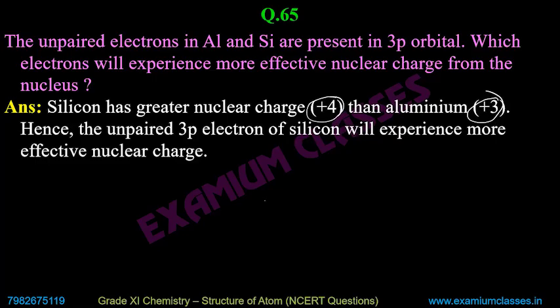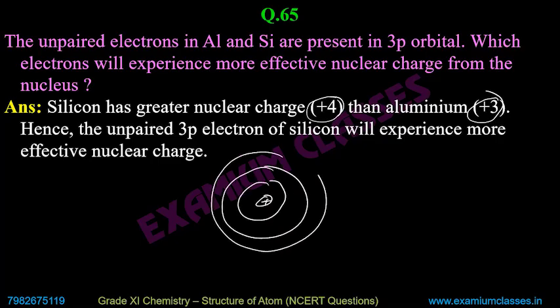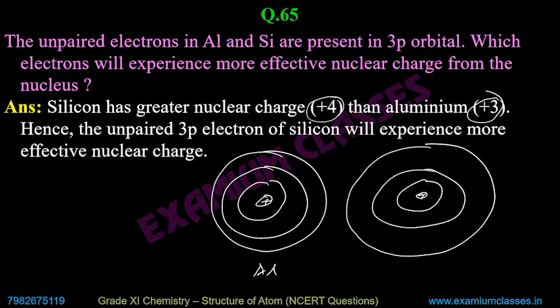I'm just explaining it. So you have 1, 2, 3 shells in aluminum and 1, 2, 3 in silicon. Aluminum has atomic number 13. Here you have 13 protons. Here you have 14 protons. So it means plus 13 charge. Here you have plus 14 charge units.